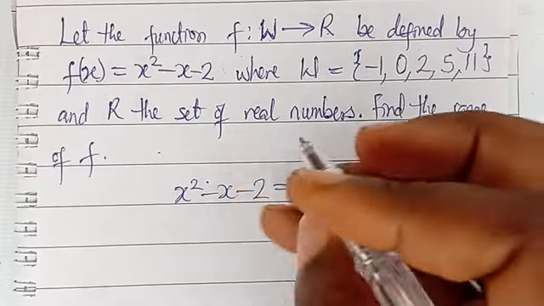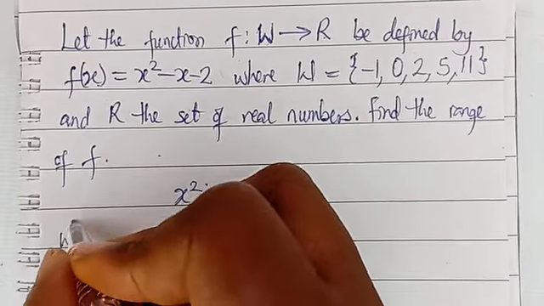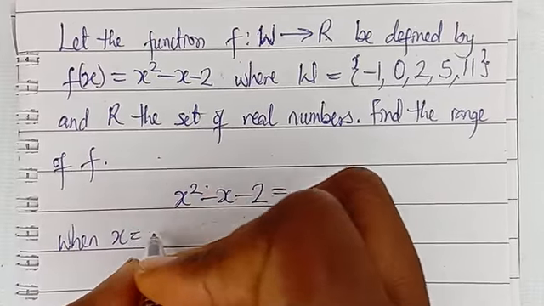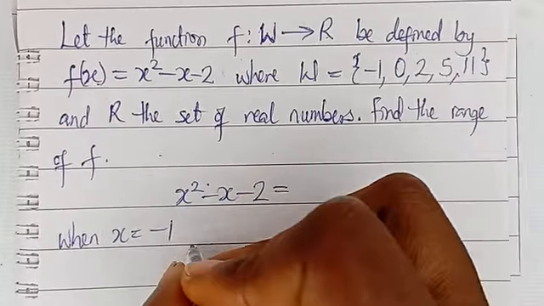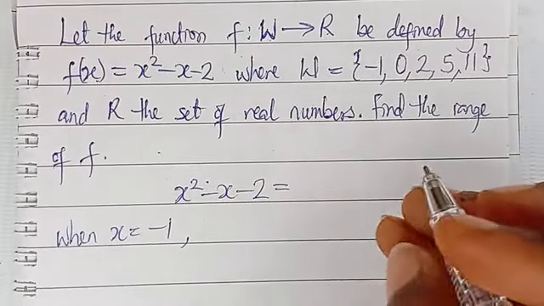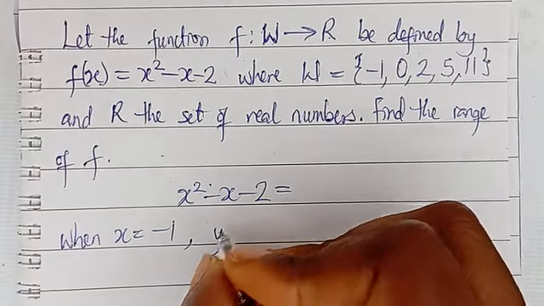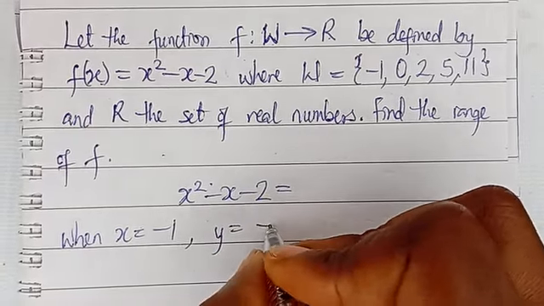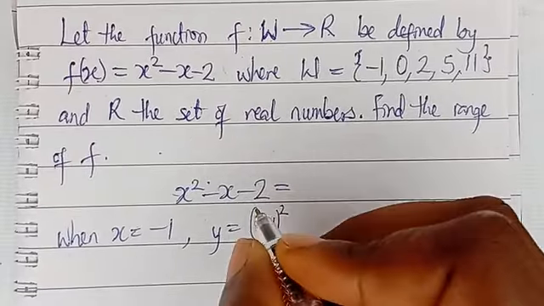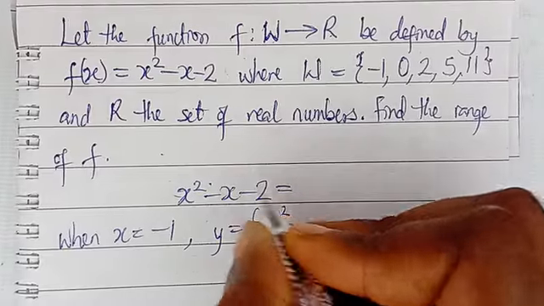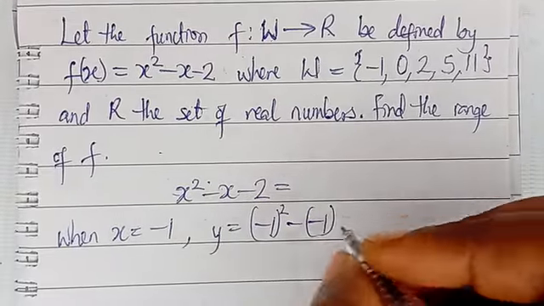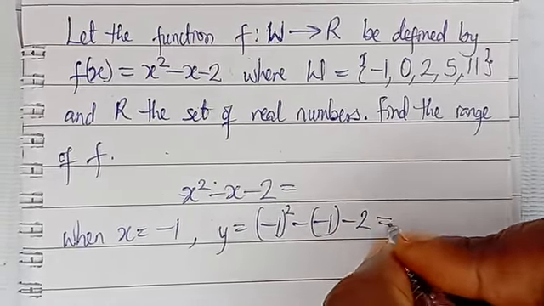Now, when x is equal to negative 1, that is the first, we have that the codomain, which we can say y, is equal to minus 1 squared, minus minus 1, minus 2.